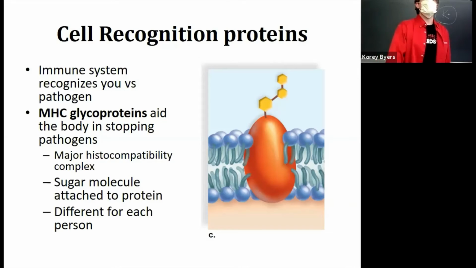They're different for each person. I think we began to talk a little bit about that in one of the chapters. It's why we have such difficulty with organ transplant. Maybe we can match blood type as best as we can, match genetics as best as we can. But your MHC complex, your cell recognition proteins, aren't going to perfectly match somebody else, sometimes not even identical twins.